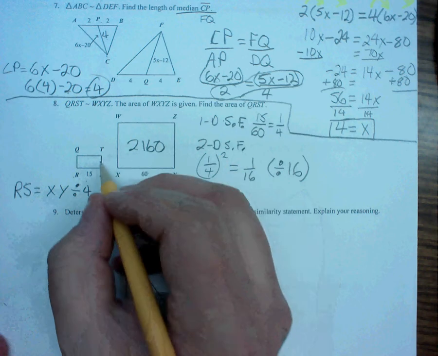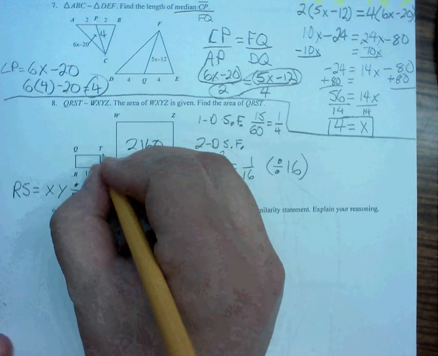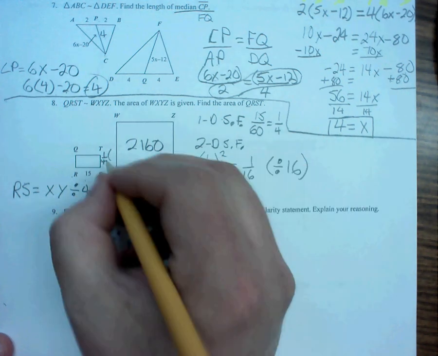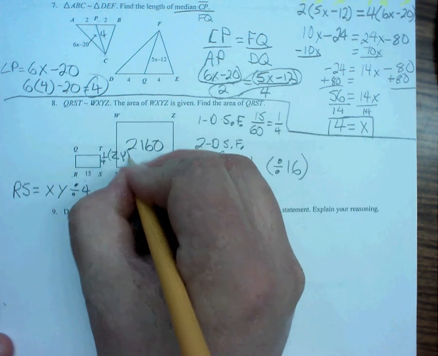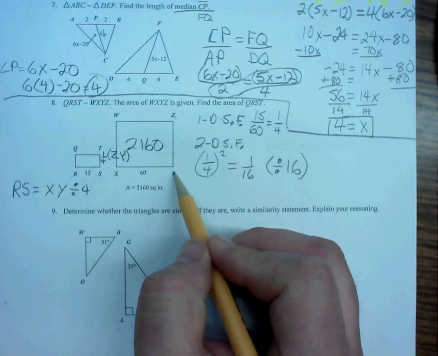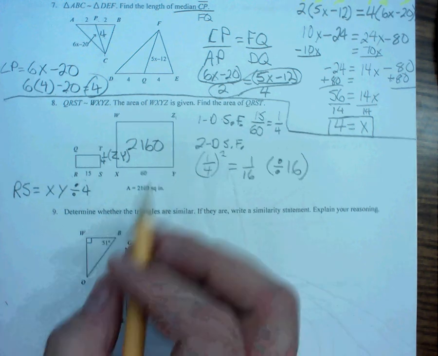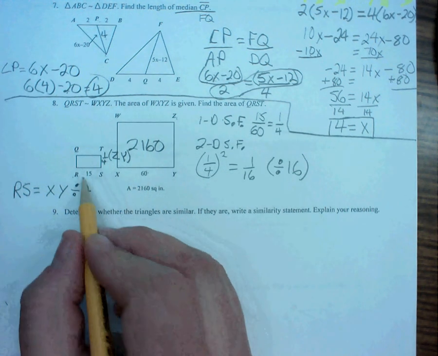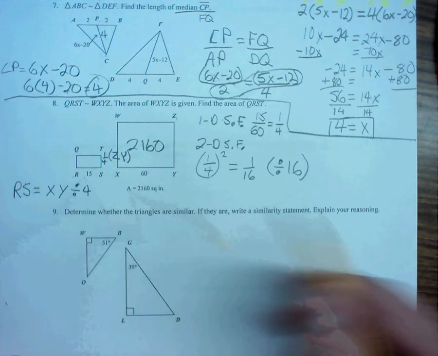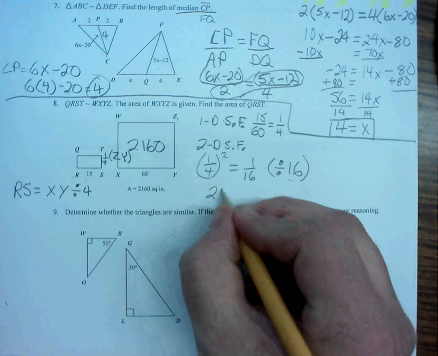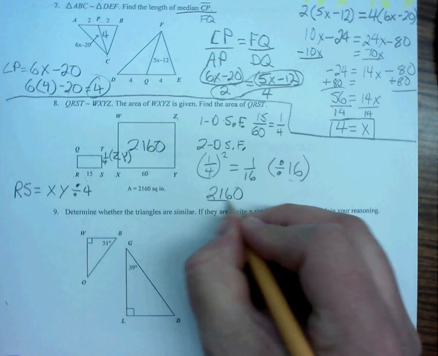Well, now for this side, I would have to say 1/4 of ZY. To get the length of TS, I'd have to say 1/4 whatever the length of this is. So when I do the area, I'm literally multiplying 1/4 by 1/4, which is 1/16. So I can find this answer simply by saying 2160 divided by 16.